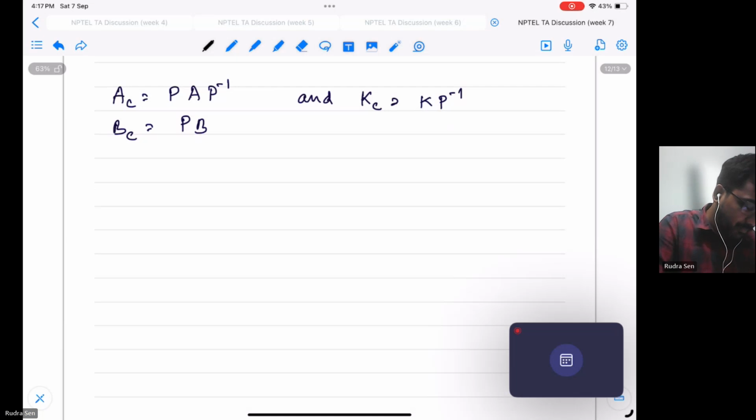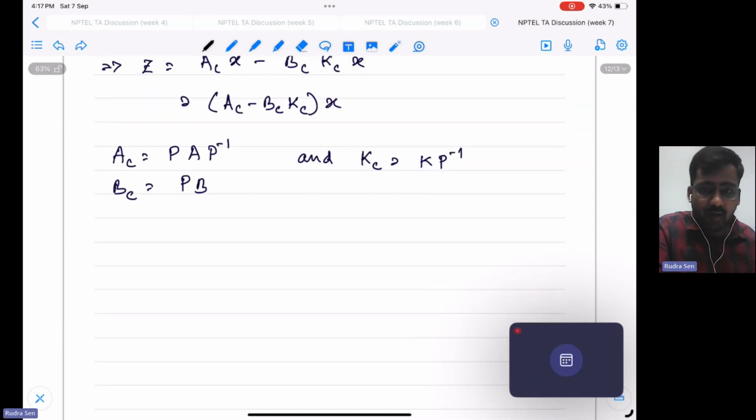So we have also, first of all, how to find out the P matrix. For this procedure, you have to make sure that your system is fully controllable. This is majorly possible if your system is a single input system.